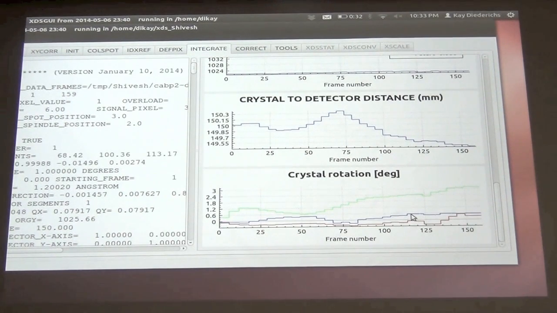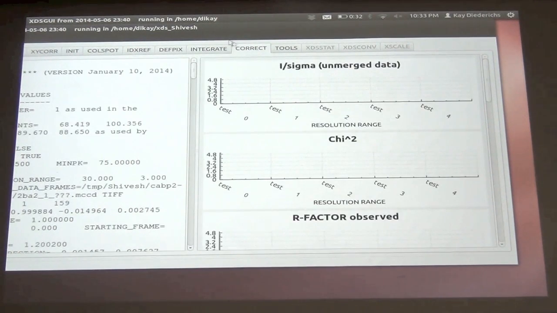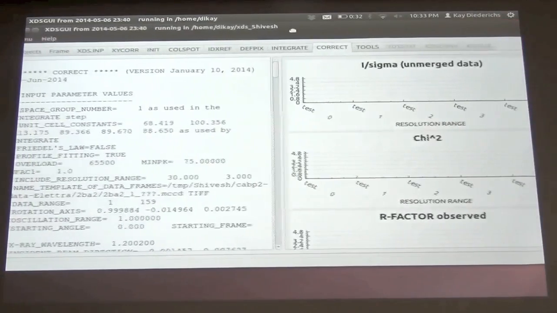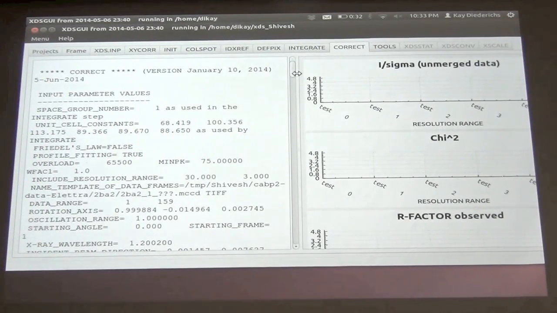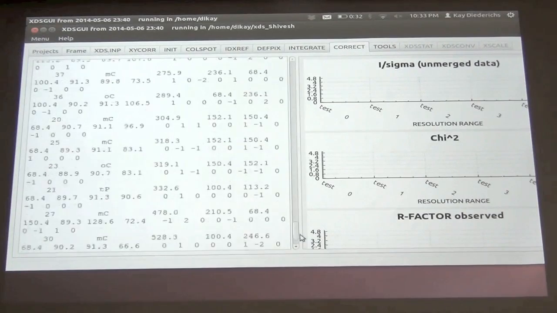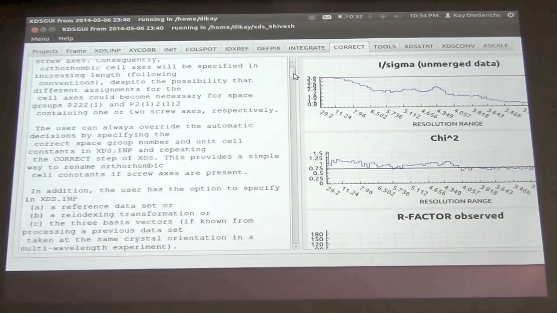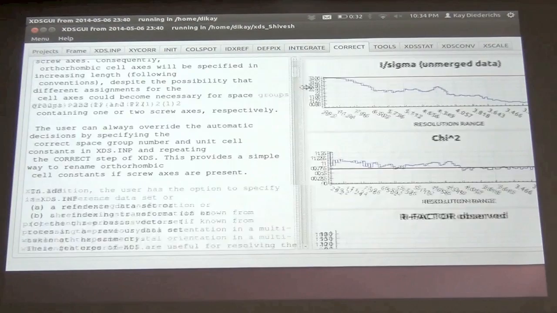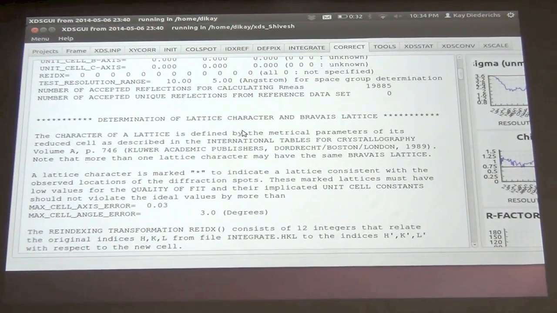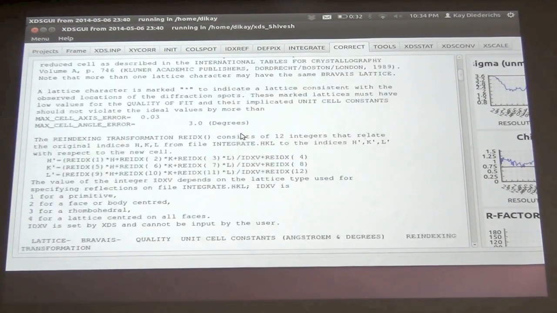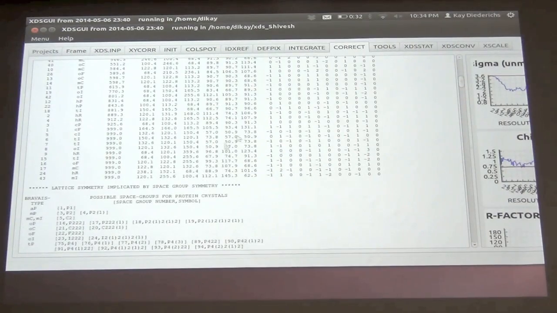Now it's only 159 frames, so it should be done by now. It goes automatically to the correct step, and at the moment it's scaling and trying to come up with a space group, but I guess we cannot be happy about what it comes up with here. So I can lower the size here to make it fit on the screen.